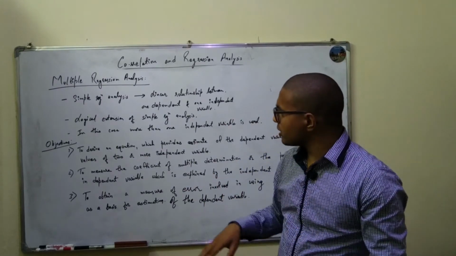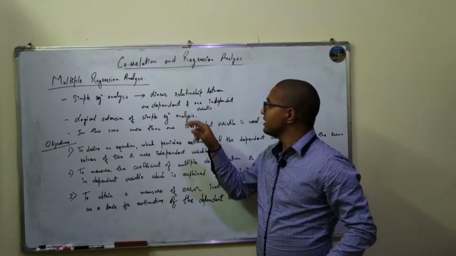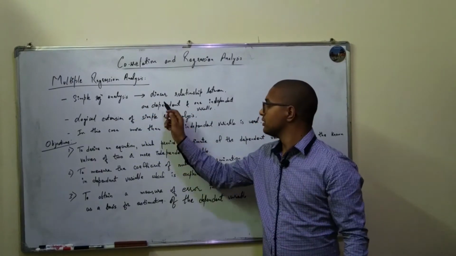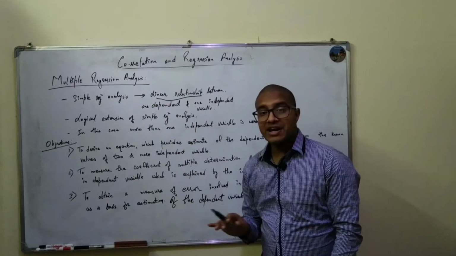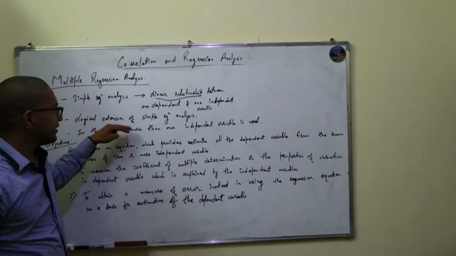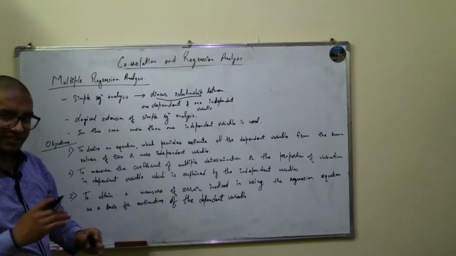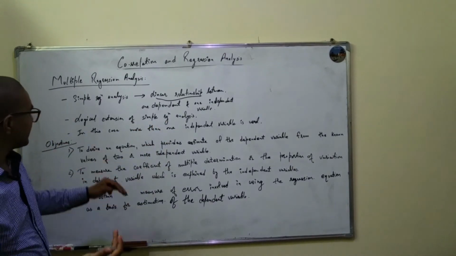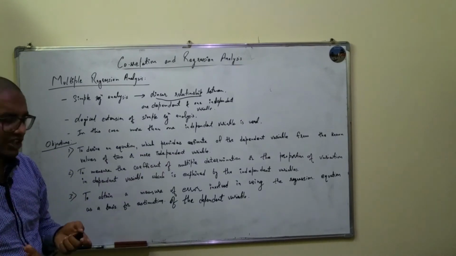Okay, so as you can see, simple regression analysis was the linear relationship between a dependent and only one independent variable. So multiple regression is a logical extension of simple regression analysis. It's a build up on that, right? In this case, more than one independent variable is used.